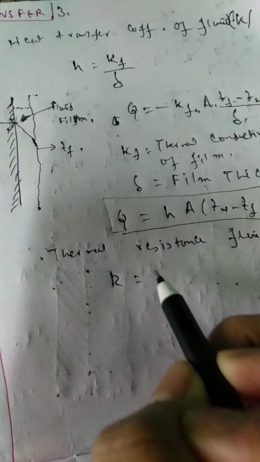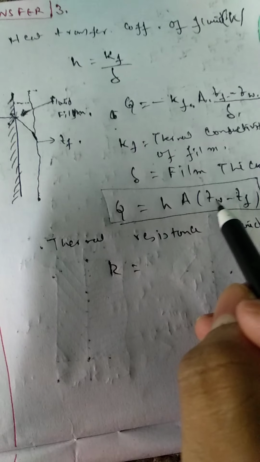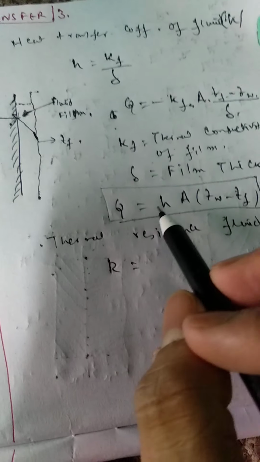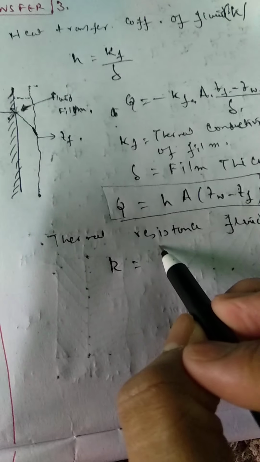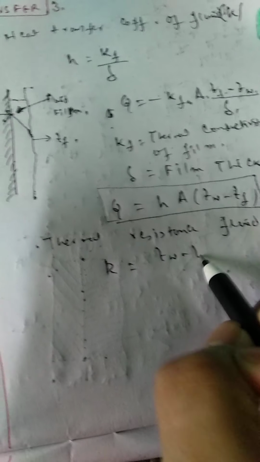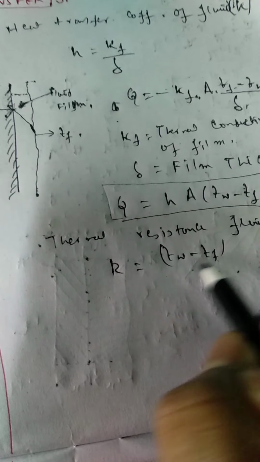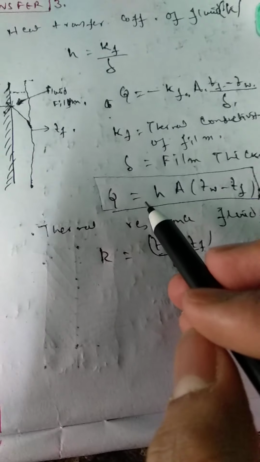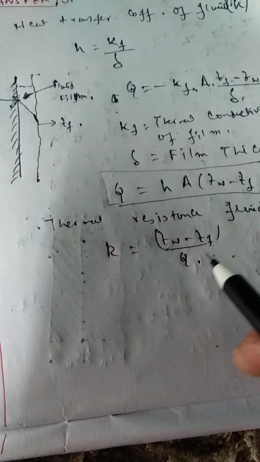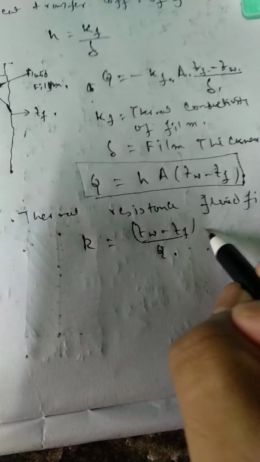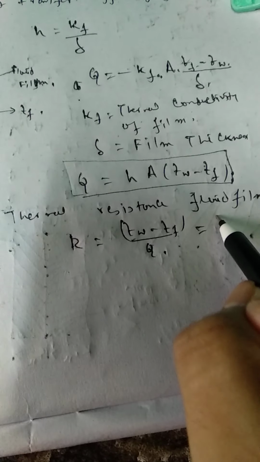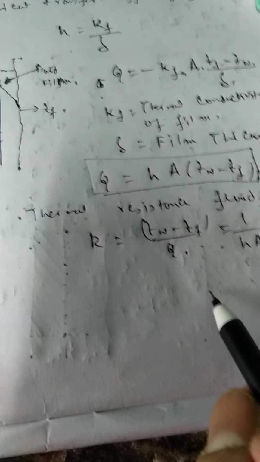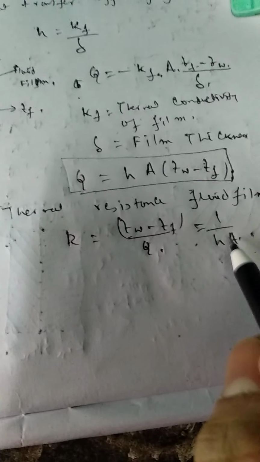R will be this temperature difference by this heat flow, TW minus TF, temperature difference by this heat flow. That will be equal to, as you can see, 1 by HA. So this will be the thermal resistance of a fluid film.